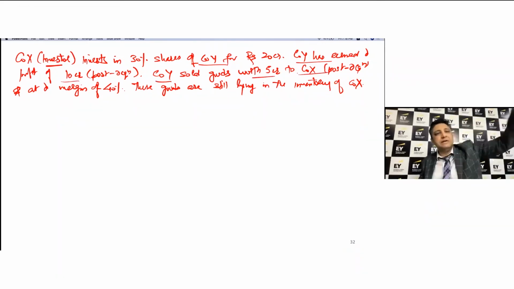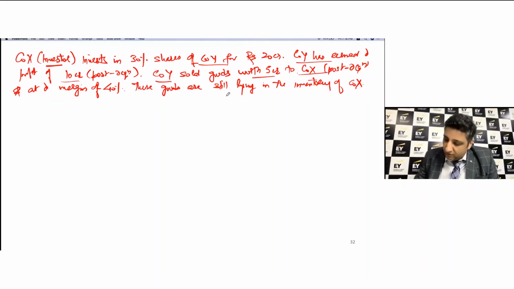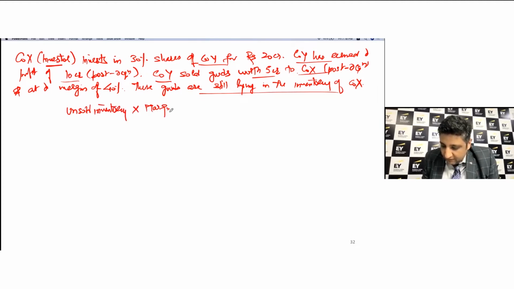So it's an upstream transaction. And those goods are still lying in the inventory of company X. Now, what does it mean? That there is an unrealized profit. Now how do we calculate unrealized profit? We simply said that whatever is the unsold inventory, you multiply that with the margin, because the group never actually made that profit.